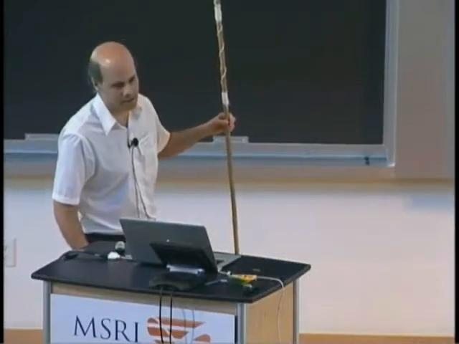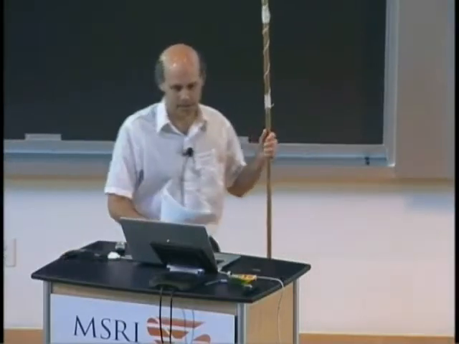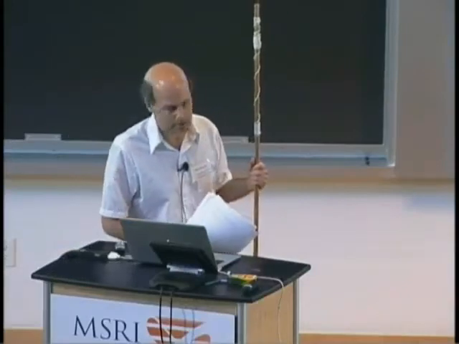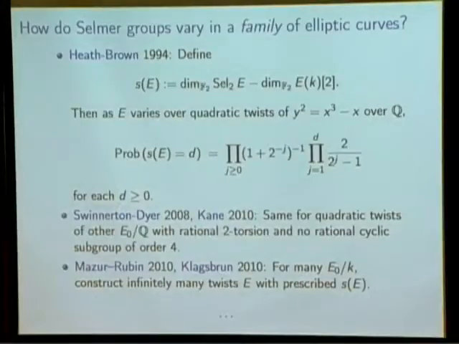The question is, how does the Selmer group vary in a family of elliptic curves? Manjul Bhargava and Karl Rubin already talked about this somewhat, so I would just remind you of some of the things that are known. First of all, there's Heath-Brown's result.